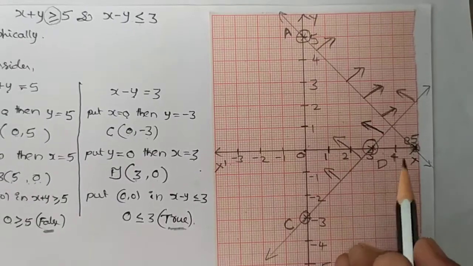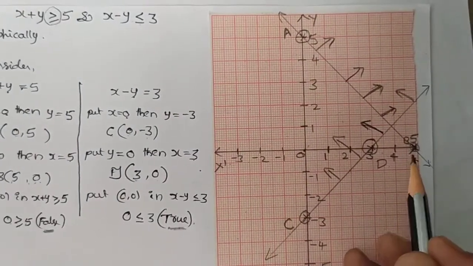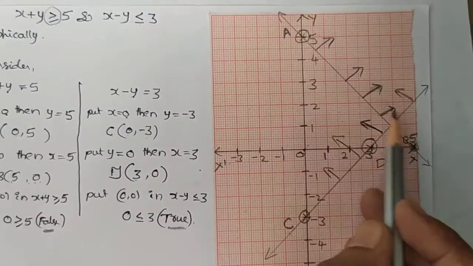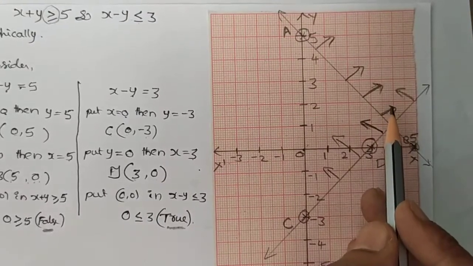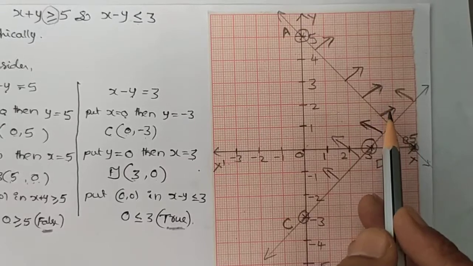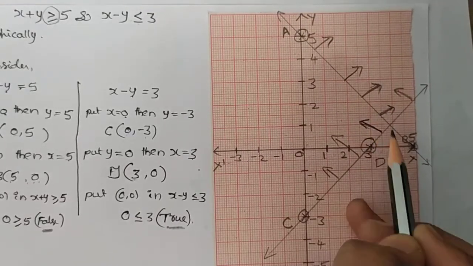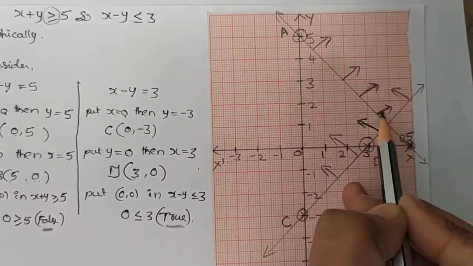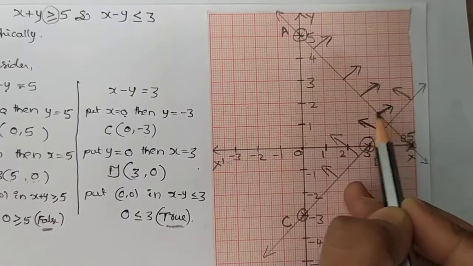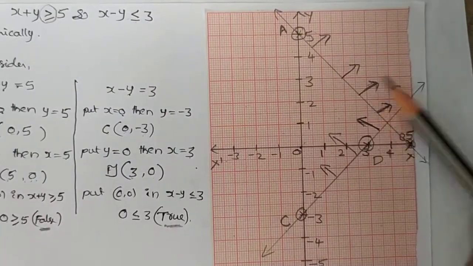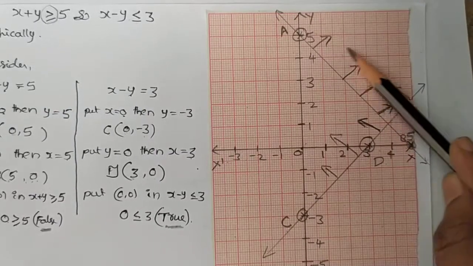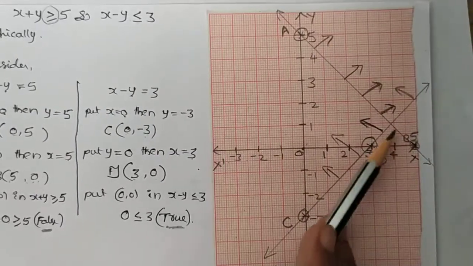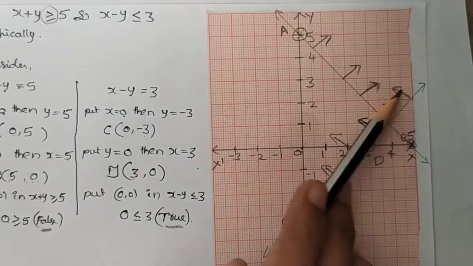We have to shade the region where both the inequalities coincide at the same portion. This line is shading like this, and similarly if we shade this line, we have to shade like this.